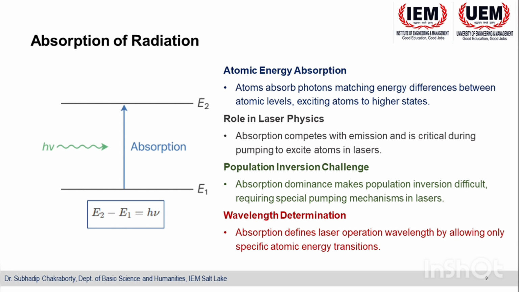Here we have E1 and E2. E2 is greater than E1 here. So, as a result, the atom moves from a lower energy state to a higher energy state. Absorption plays a very important role during pumping in laser systems.